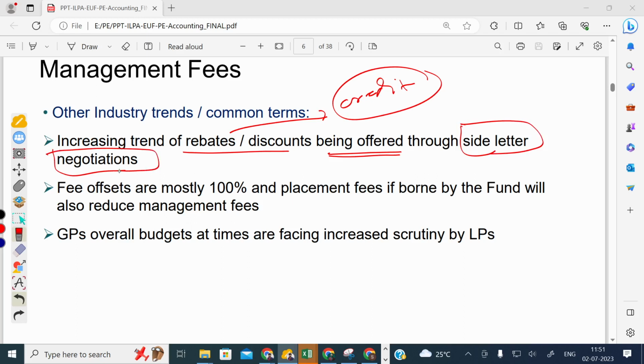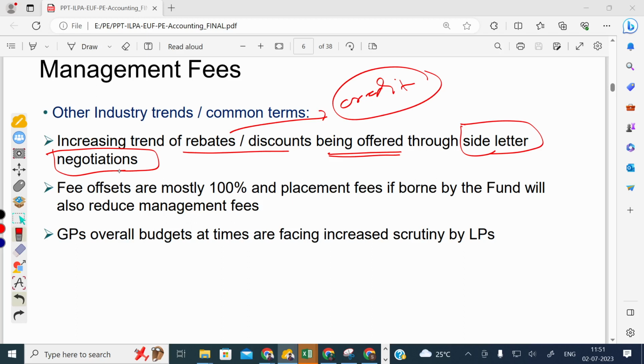You will receive a different notification through a negotiation letter, or sometimes just a common email where the fund manager confirms: for this particular fund we have offered, let's say, a 10% rebate on the net management fees. So you might see such a comment or line in your mail. You need to read carefully so you can apply the accounting treatment to those transactions, right?